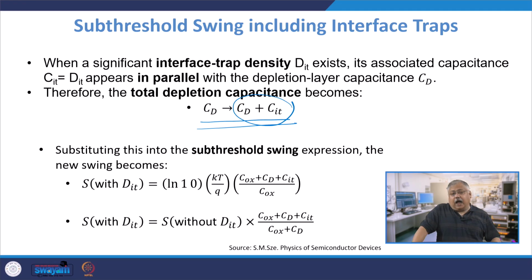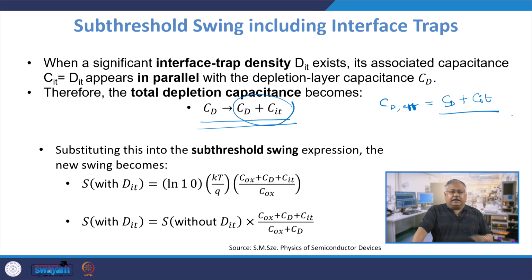And obviously, the higher the value of the interface trap density, the more will be the value of Cit, and therefore, the more will be the effective value of your Cd. So, the effective value of Cd comes out to be equal to Cd, which is the value without any interface trap charges, plus Cit.